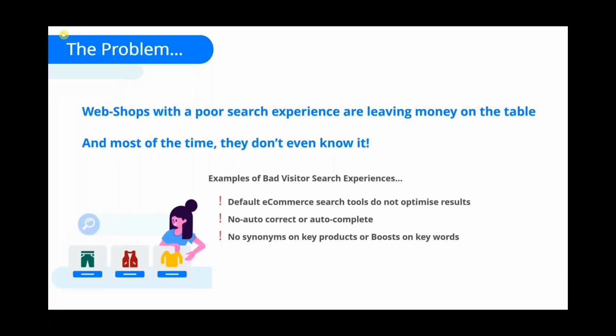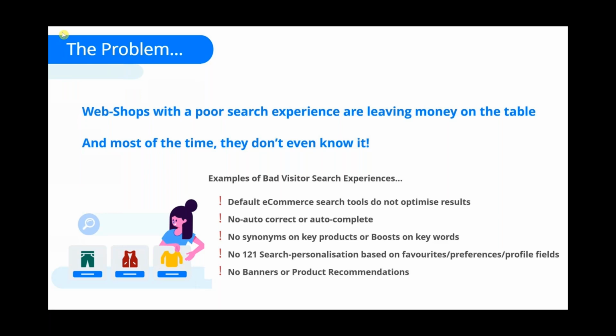Also, we can offer one-to-one search personalization using people's favorites, and that's really important nowadays to give a one-to-one experience. Many default e-commerce systems do not include this, and many of our search competitors also do not offer this. But integrated with a CDP, it's very, very easy to offer this, and I'll show you how easy it is later on.